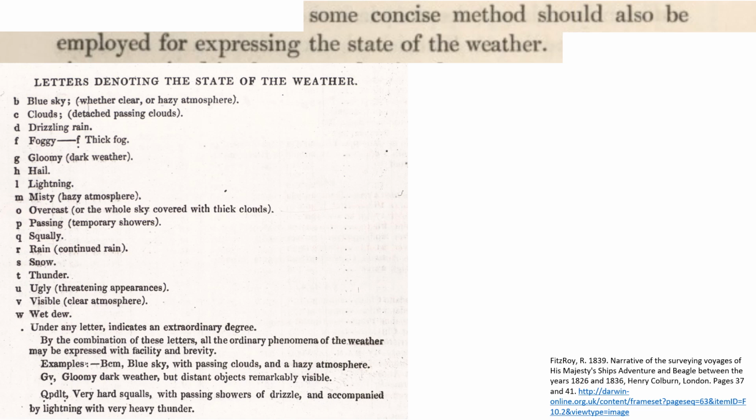The result is an extraordinary record of global weather across almost 5 years, from December 1831 to November 1836, including daily records of barometric pressure, sea and air temperature, the force of the wind, according to the Beaufort scale, and the state of the weather. All of these records were published in 1839 in 62 tabulated pages of the appendix to Fitzroy's account of the Beagle's second voyage. An amazing achievement.